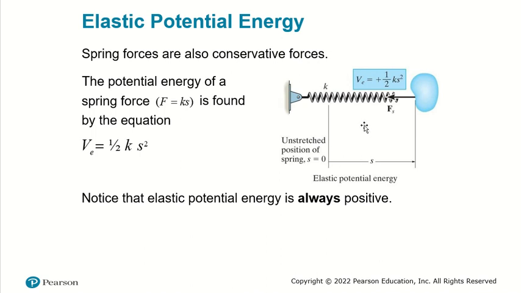Elastic potential energy is always positive, because it stretches out like that. Your unstretched position is always going to be 0. When you stretch it, you take a distance, which can be restored when you release it and go back to the unstretched position.